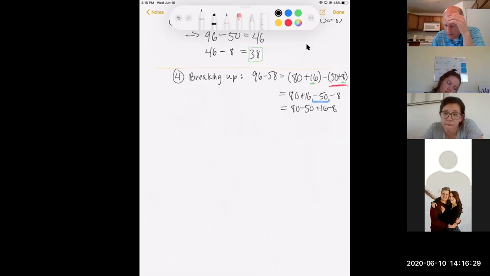Otherwise, subtraction is not commutative. So I'm going to emphasize that with the blue. You can commute if the sign is kept in front.